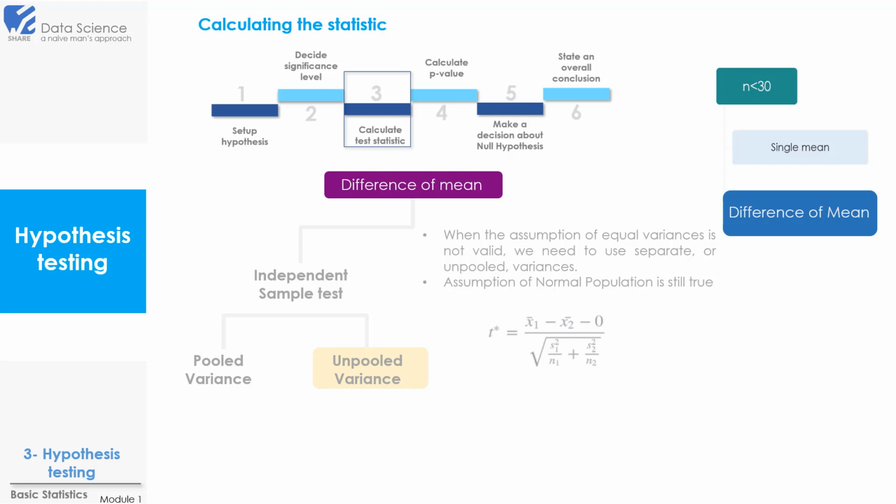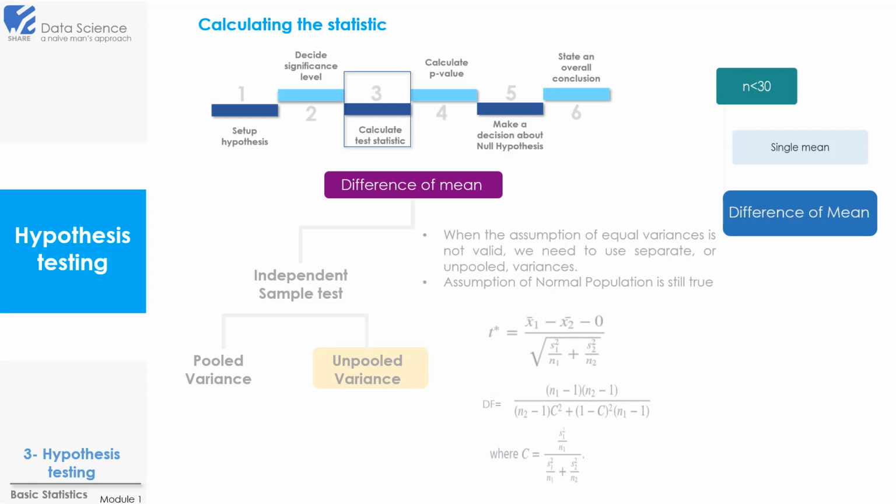Here S1 and S2 are standard deviation of each of the samples, and N1 and N2 are the sample size. Then the formula for degree of freedom is shown here. So to calculate the degree of freedom, we are using a variable C, which can be calculated by the formula shown here at the bottom of the screen. Again, as I said earlier, you don't have to remember all these formulas. Just have a look at it and move on.